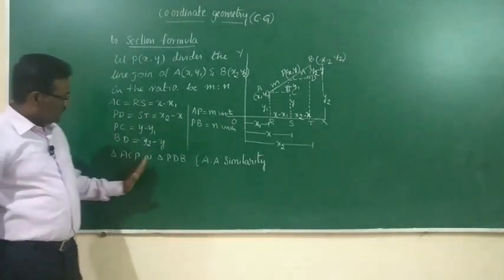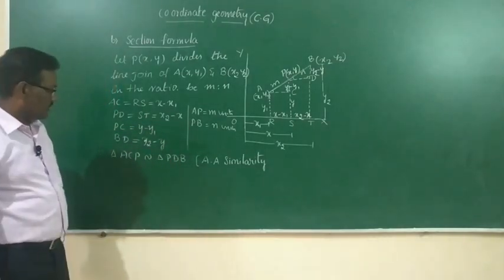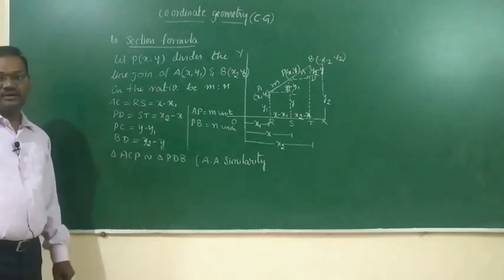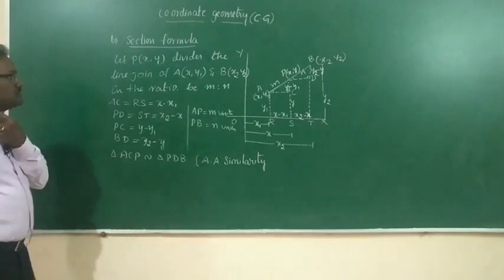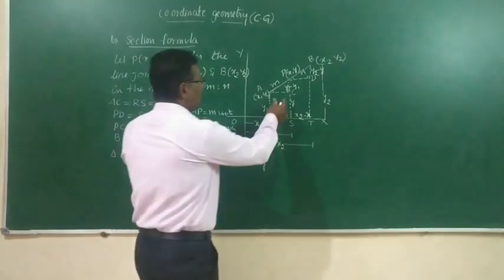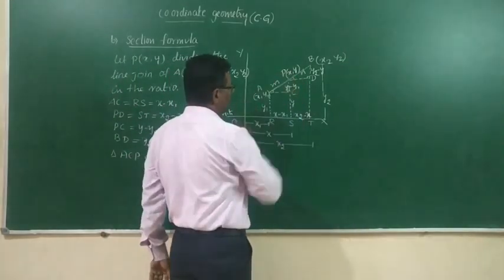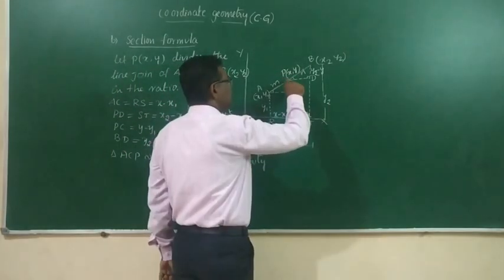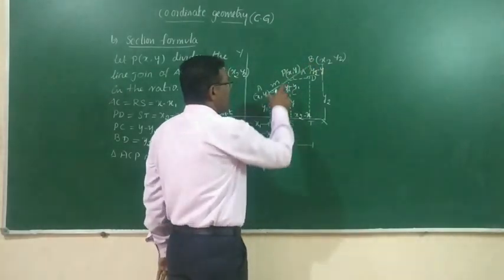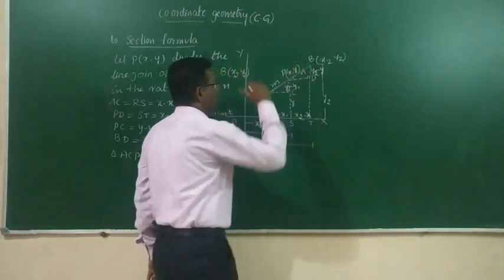If two triangles are similar to each other, corresponding sides are in proportion. So corresponding sides here: AC corresponds to PD, AP corresponds to PB, PC corresponds to BD.